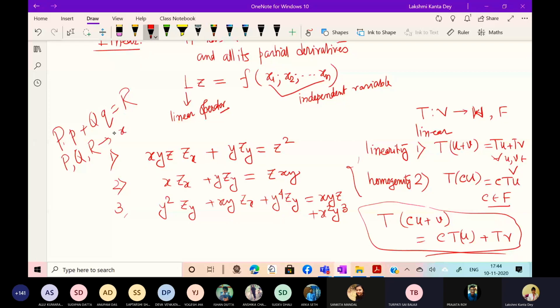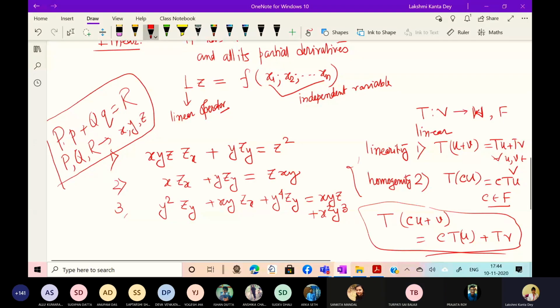Yes, okay, so this is for Lagrange's first order linear equation. Any other?